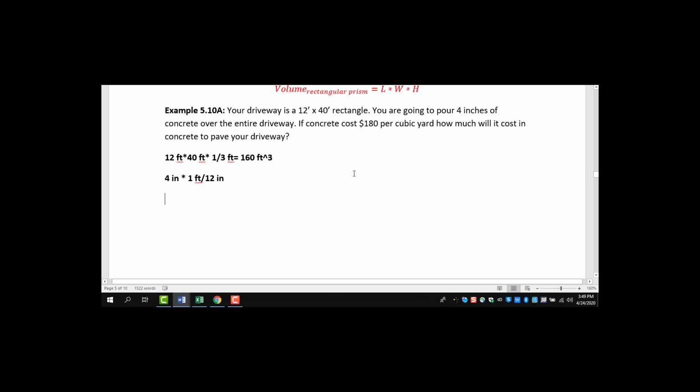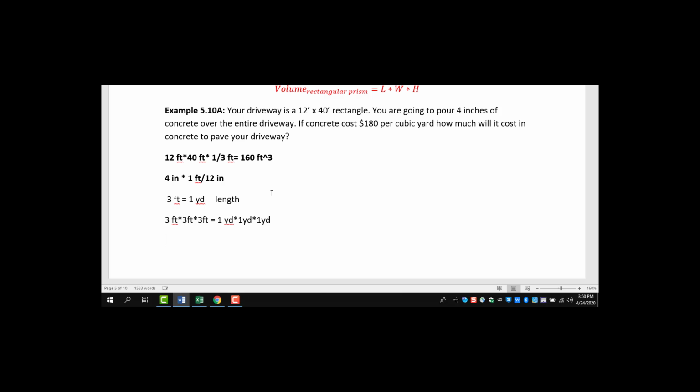And first I'm going to find the conversion. The only thing that I know is 3 feet equals 1 yard. From length, right? This is about length. So what I'm going to do is cube both sides. So I get 3 feet times 3 feet times 3 feet equals 1 yard times 1 yard times 1 yard.